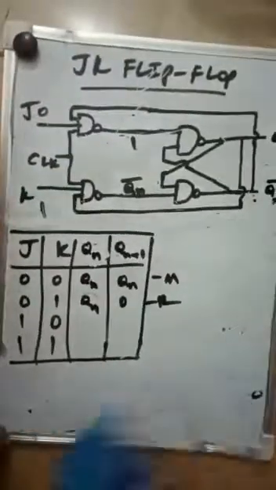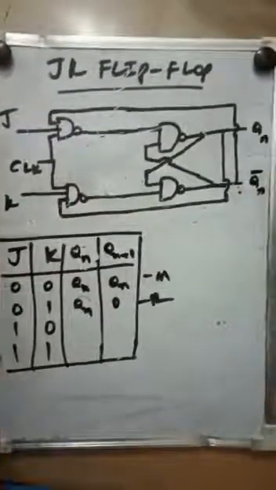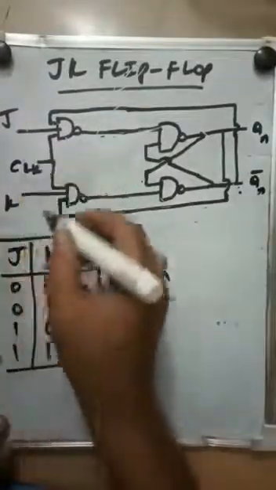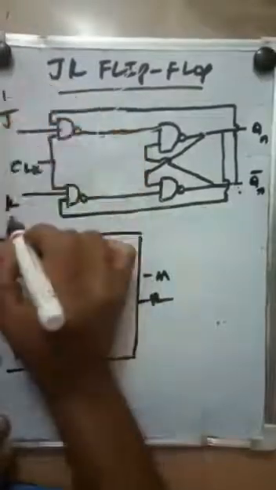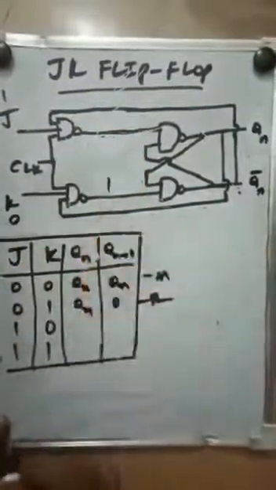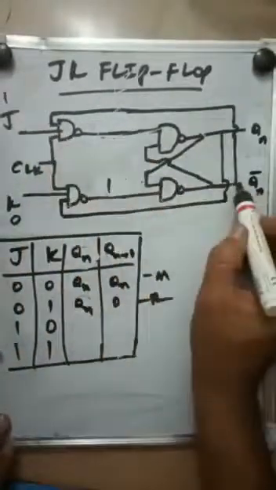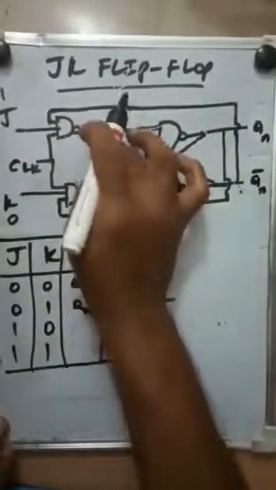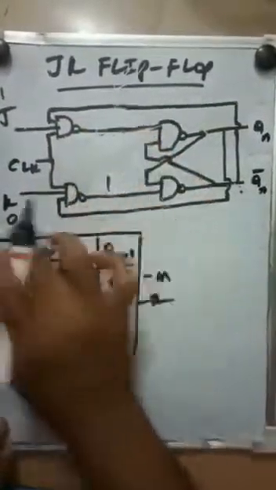Next, coming to the 1 0. That means this is 1 and this is 0. So this is 0 means definitely this equals 1, and this is 1 means, so what is coming here? Qn bar is coming here. That means the output of this NAND gate is always 1 because it is 0.